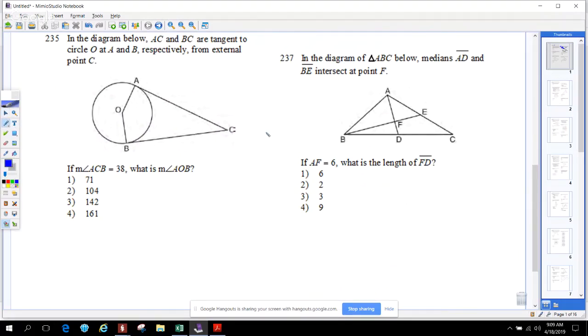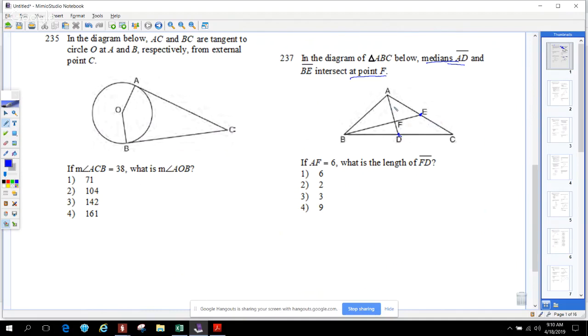All right, 237. In the diagram of triangle ABC below, it says medians AD intersect at point F. We know, gentlemen, that the median crosses over to the other side of the triangle in the middle, median middle. Okay.